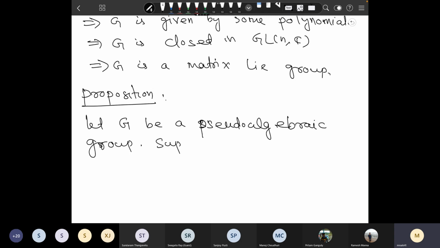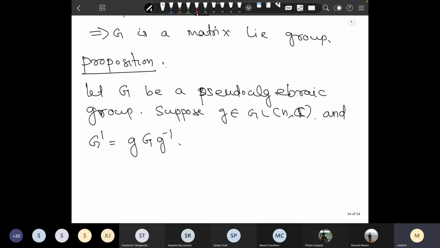Suppose g belongs to GL_n(C) and G' is equal to g G g inverse. Then G' is also pseudo algebraic.